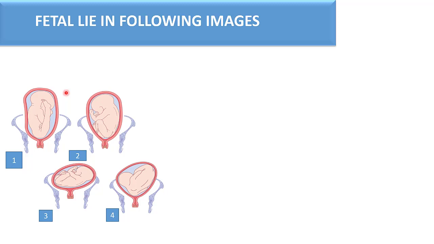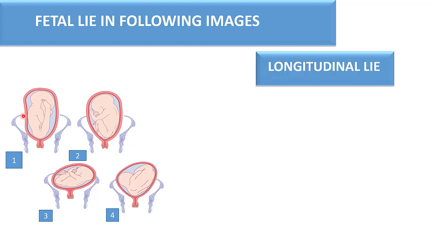So, this is a quick test in which you have to tell me the fetal lie in the following images. So, tell me what is the fetal lie in the first image? It is longitudinal lie, right. Now, what is the fetal lie in the second image?